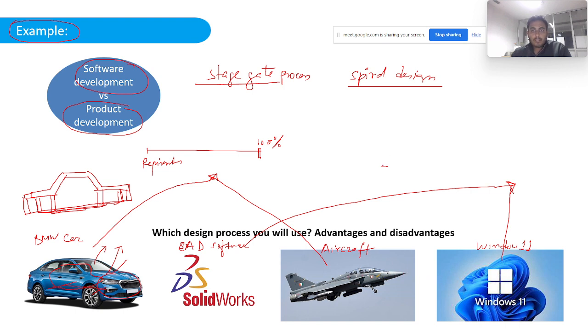SolidWorks has been in the industry for more than a decade, since 2008. You have a version 2008, 2009. So every year SolidWorks releases one version. Okay, so till 2023 we have new versions of SolidWorks. Same with Windows 11. So in this particular set of development, what happens?